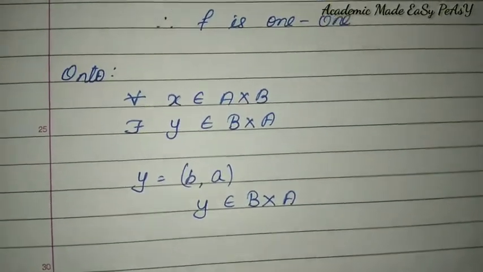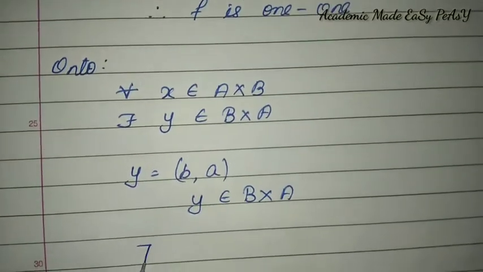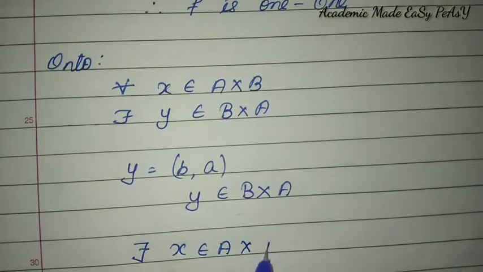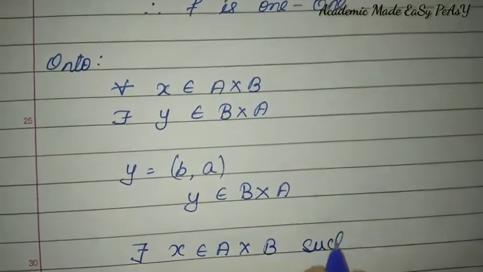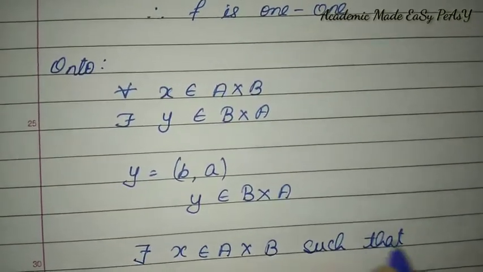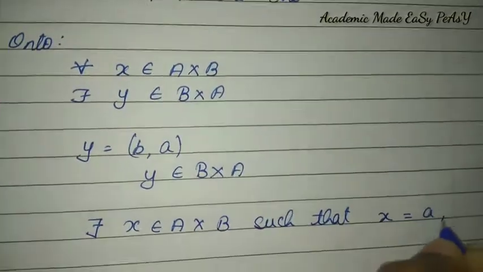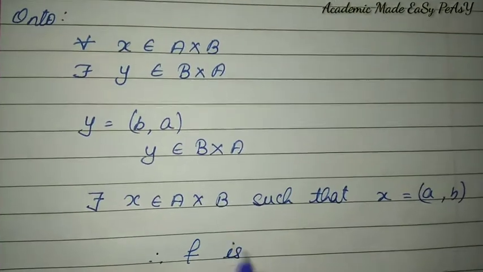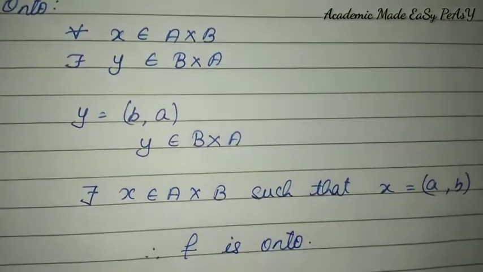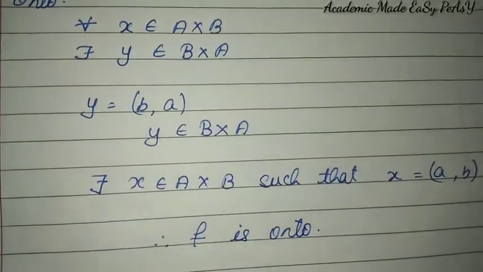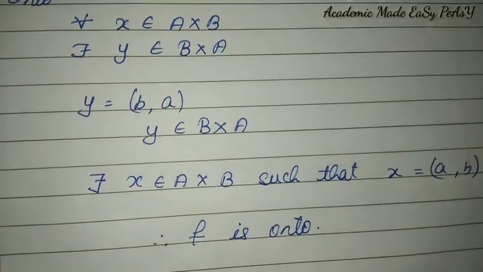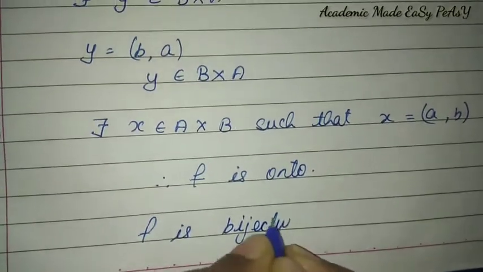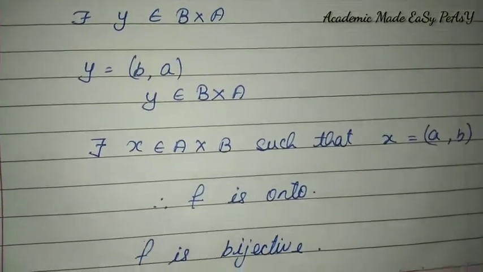Therefore, there exists x belonging to A cross B such that x is equal to (A, B). Therefore, f is onto. Since f is one-to-one as well as onto, I'm saying f is bijective. Hence proved.